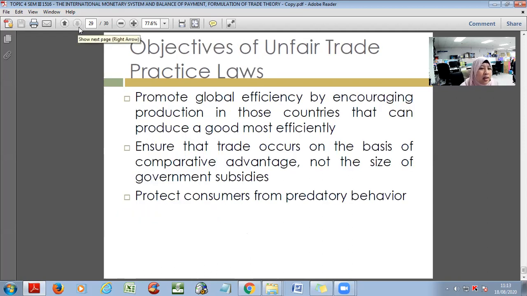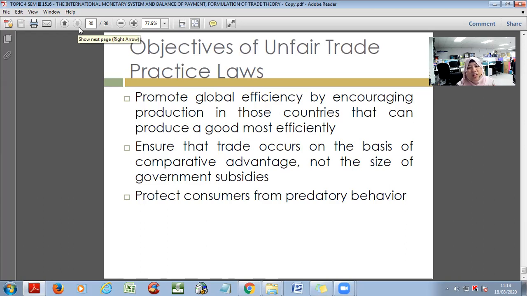Alright, next one, last but not least, the objective of the unfair trade practices law. So, what is the objective? To bear in mind, the first objective is to promote global efficiency by encouraging production in those countries that can produce the good most efficiently. It's like the concept we learned in topic 3: when a country is more efficient in a certain product, you will promote and export that product.